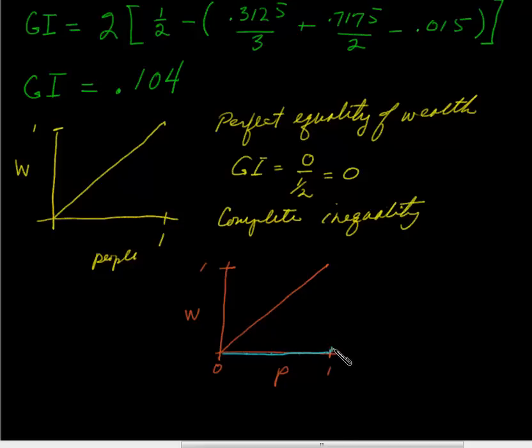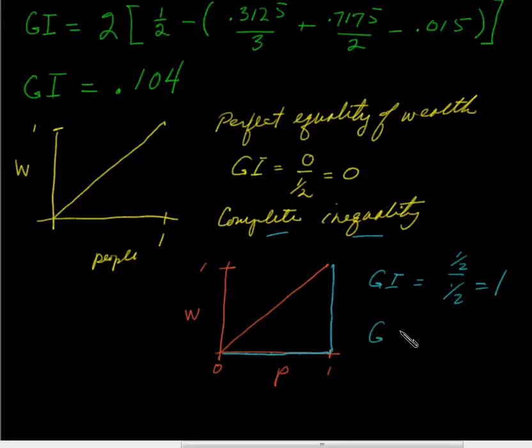And so my Lorenz curve would suddenly take a jump up to one family controlling 100% of the wealth. Now what's the area between the orange line and the Lorenz curve? Well, now the area is 1/2. So this is a case of complete inequality. The Gini index is going to be 1/2 over 1/2, which would be 1.